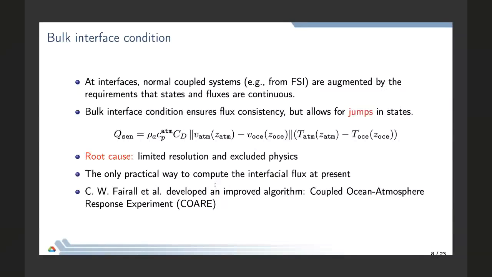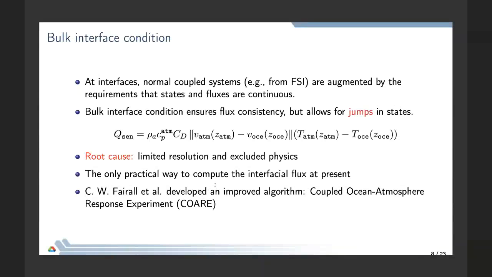To capture the missing dynamics, we may need a molecular dynamics simulation. But anyway, this is the only practical way to compute the interfacial flux currently. Fairall developed this famous algorithm called COARE in the 90s, and this algorithm has been continuously improved. It's currently being used by E3SM as well.